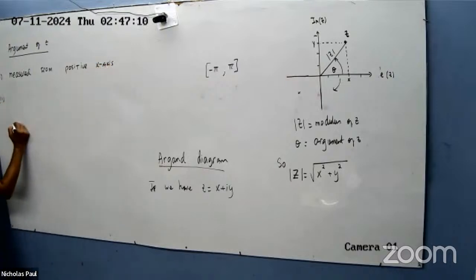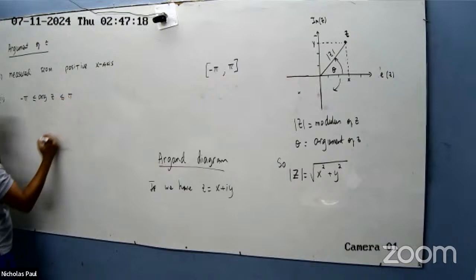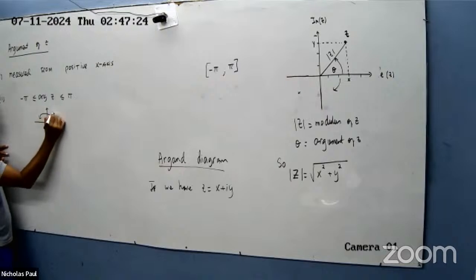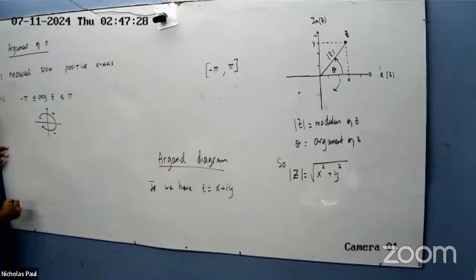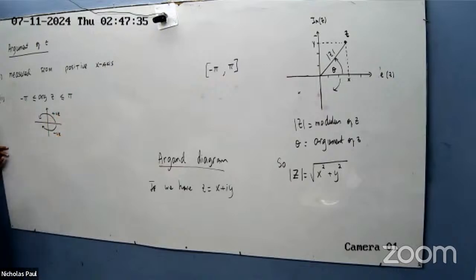Number two, the argument of z always lies between minus pi and pi. And remember that if you're measuring anti-clockwise, that's positive. If you're measuring clockwise, that's negative.